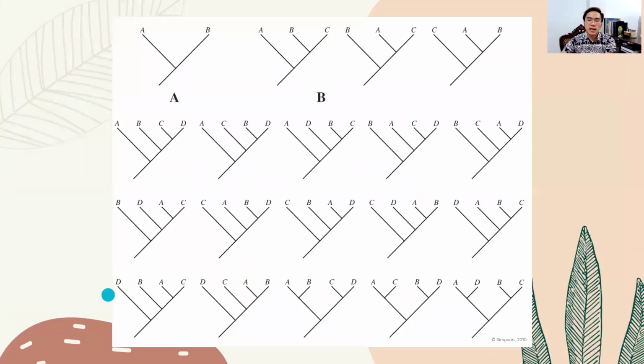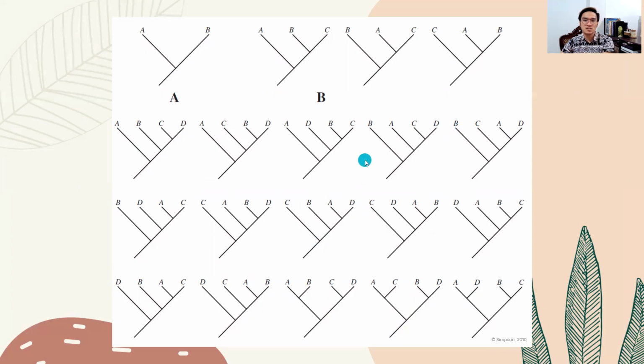Okay. So like I told you, depending on the number of OTUs and the number of characters that you put in your matrix, especially if it's molecular data, obviously there's going to be a lot. The number of trees will essentially exponentially increase as the number of taxa and the number of characters increase.